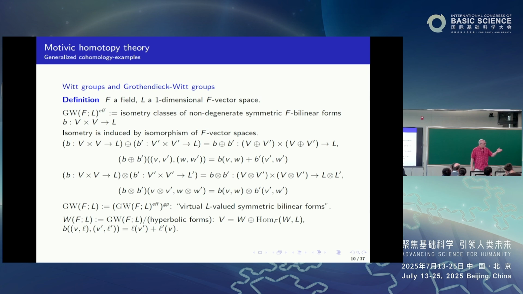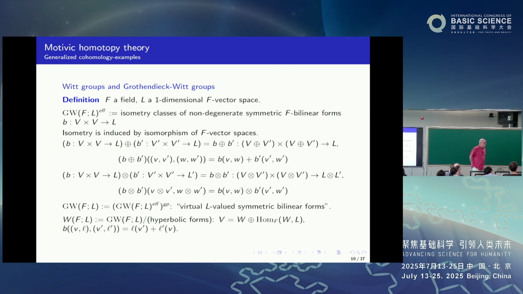In other words, this is not really a ring, but of course it's a module for the Grothendieck-Witt ring of F with values in F. You have a tensor product acting there, and the hyperbolic form is living in the Grothendieck-Witt ring of F with values in F, in other words, the trivial L, and you mod out by the action of the hyperbolic forms.